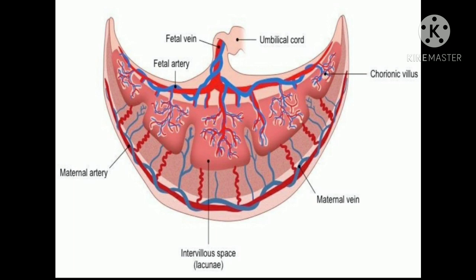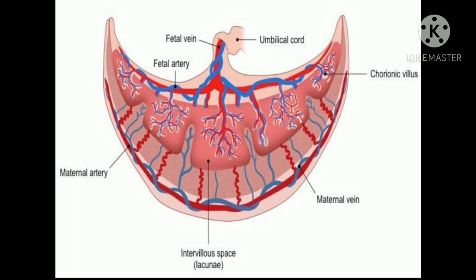In this slide you can see the structure of the placenta. Here the umbilical cord is given, and from the umbilical cord the fetal vein comes out, whereas the fetal artery is also there. The red portion coming out from the umbilical cord is the fetal vein, whereas the blue one is the fetal artery.